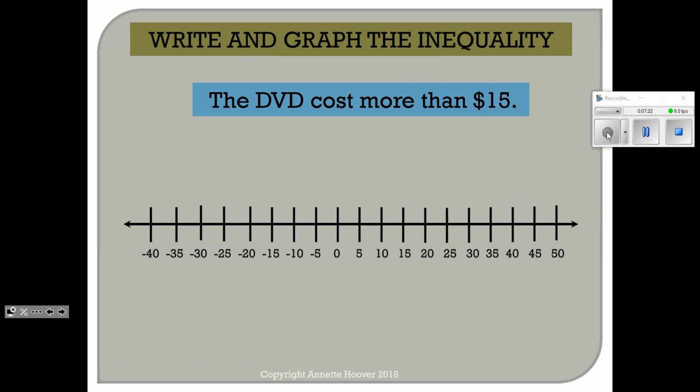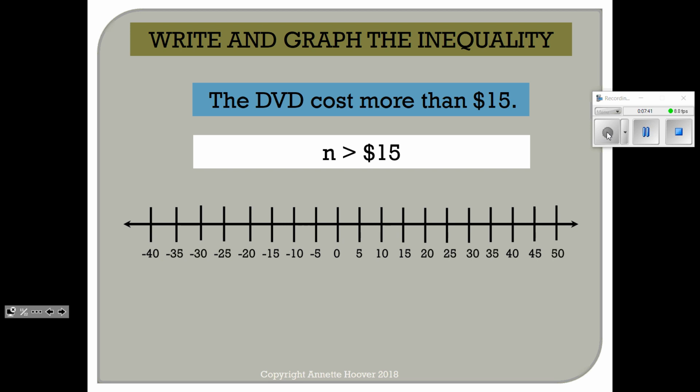If a DVD costs more than $15, how would we graph that and how would we write it? Well, first we need a variable that represents the DVD. You can choose any variable that you would like. Usually we choose variables that represent that DVD. If it's more than, that's the same thing as greater than.